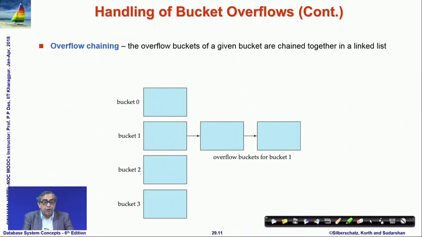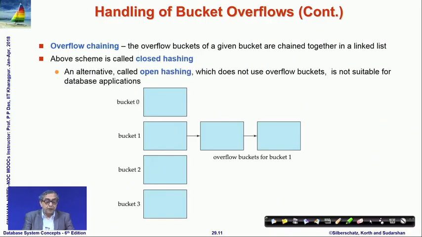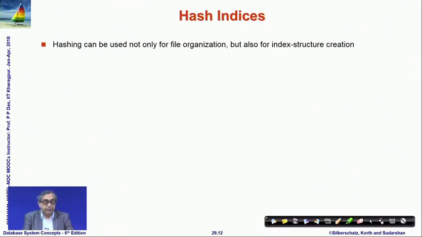As you can see, there are 4 buckets shown here, and bucket 1 is connected with 2 other buckets, which are the overflow buckets for bucket 1. This kind of scheme is called closed hashing. There is an alternate scheme called open hashing, which does not use bucket overflow, but it is not suitable for database applications, and we will not discuss it here.